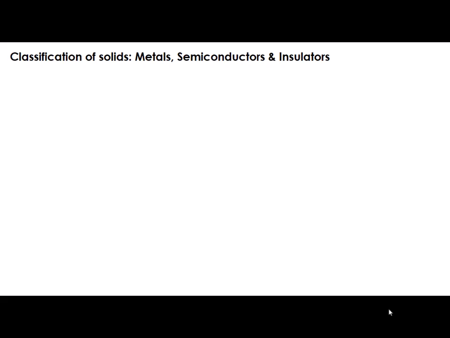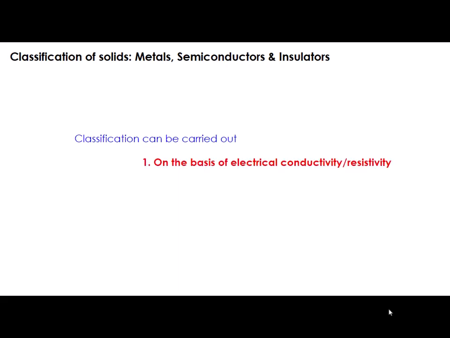This classification is for solids only, not for liquids or gases, and it can be carried out in two ways: first, on the basis of electrical conductivity or resistivity, and second, on the basis of energy band gap.